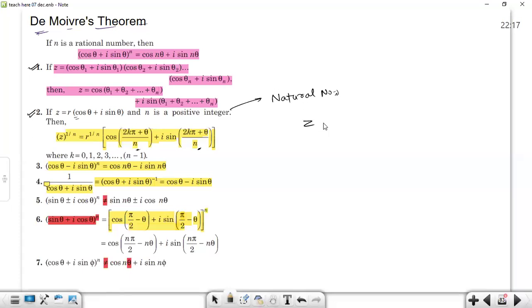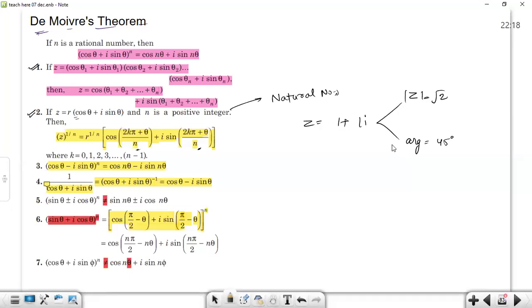Let's take an example: 1 plus 1 iota. What's its magnitude? Square root of 2, right? Square root of 1 plus 1 squared. And what is its argument? It's actually 45 degrees. This lies in the first quadrant, tan inverse of 1 by 1, that is 45 degrees.